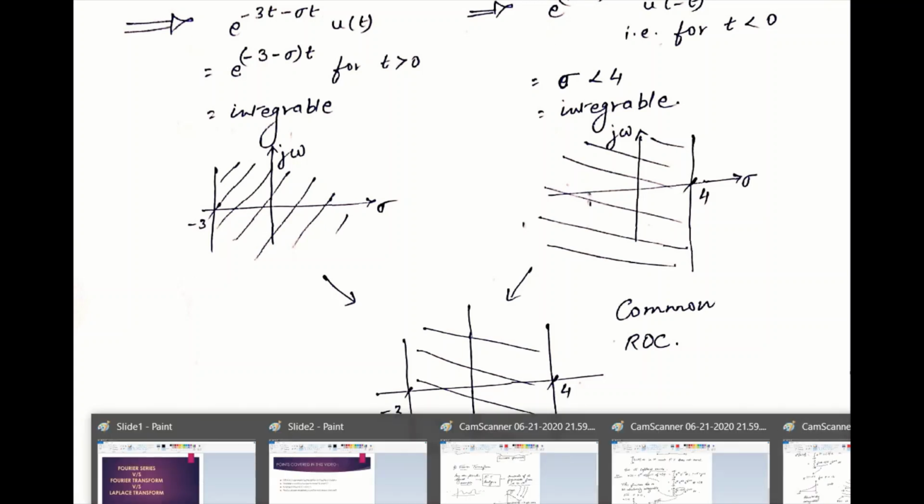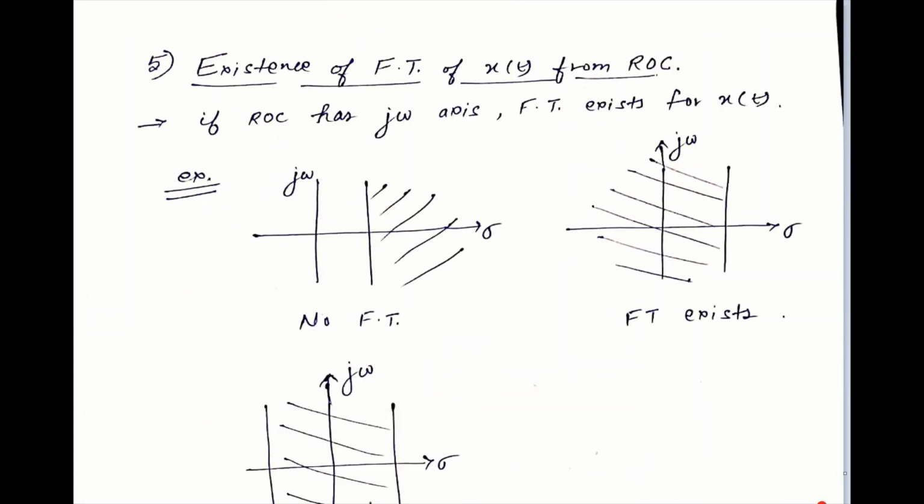At the last, I want to tell you one more point: how can we judge just by looking at the region of convergence of a function whether the Fourier transform exists or not. If the region of convergence has the j omega axis, then its Fourier transform exists for x(t). Suppose this is the region of convergence of a Laplace transform for any function x(t), and this is the boundary value of sigma, and the convergence region is towards the right, then the j omega axis is not a part of the ROC.